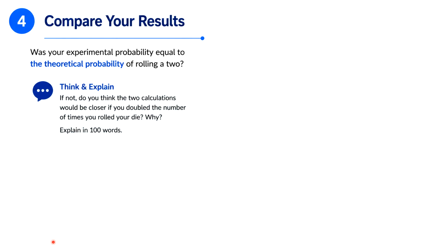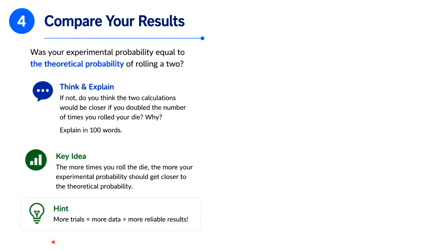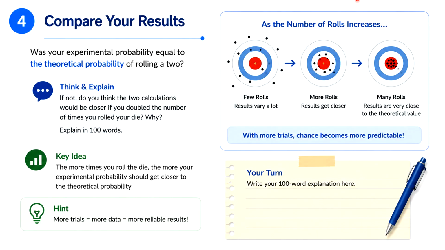Explain your thinking in approximately 100 words. So the key idea here is the more times you roll the die, the more your experimental probability should get closer to the theoretical probability. Notice the assignment is asking you to explain why you believe your answer is correct. Support your explanation instead of giving only a yes or no answer.